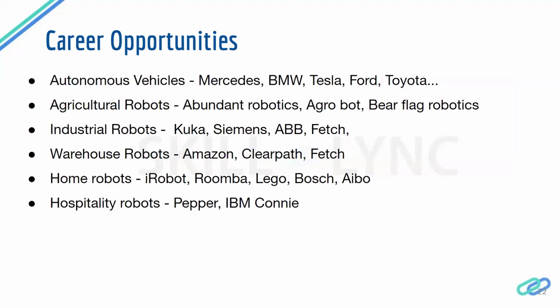So one is autonomous vehicles. All the big brands, all the automotive companies, have plans for autonomous driving in the future. So there is a huge opportunity here. And the next one is agricultural robots. There is more and more demand for agricultural robots as labor is becoming more sparse and more costly.